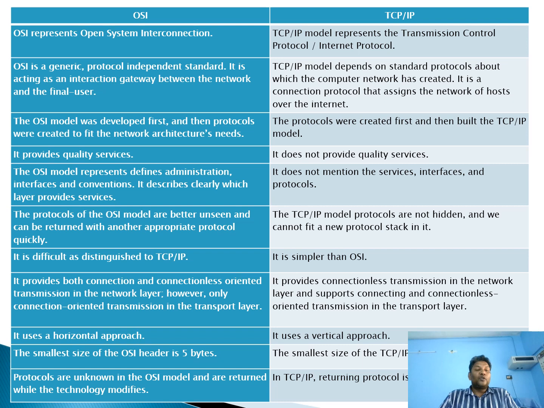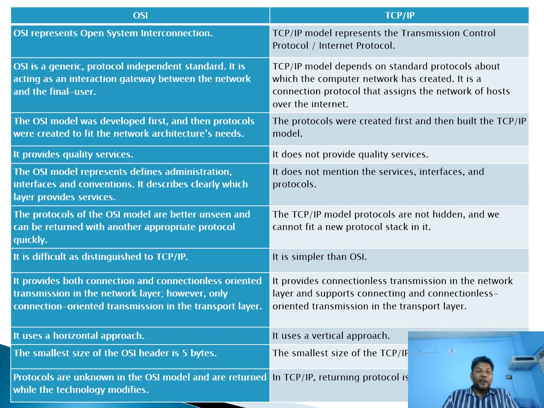The OSI model provides both connection-oriented and connectionless transmission in the network layer. However, only connection-oriented transmission is in the transport layer. In TCP/IP, it provides connectionless transmission in the network layer and supports both connection-oriented and connectionless transmission in the transport layer.